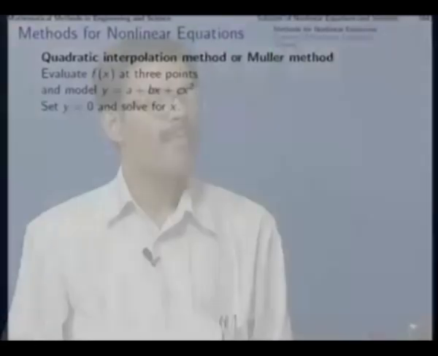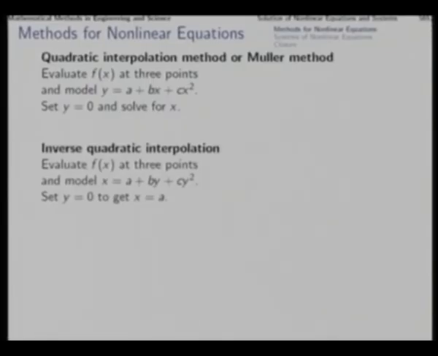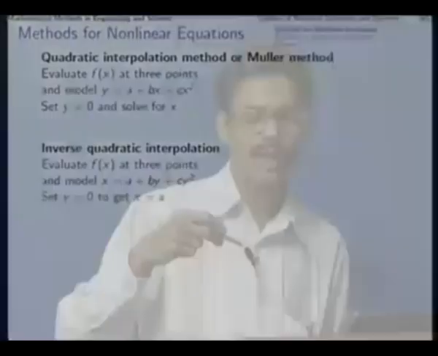You take 3 points at which the function is evaluated, and through the 3 points you can develop a quadratic model for the function, a local quadratic model, and then find at which value of x this is 0, and that point is the next point. So, that means starting from 3 points, this model gives a quadratic approximation for the function in the local neighborhood.